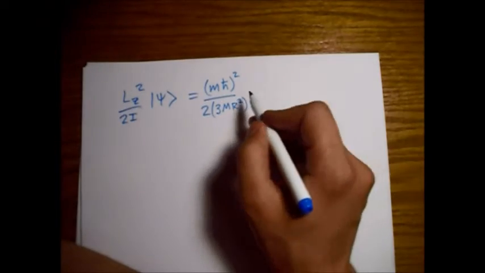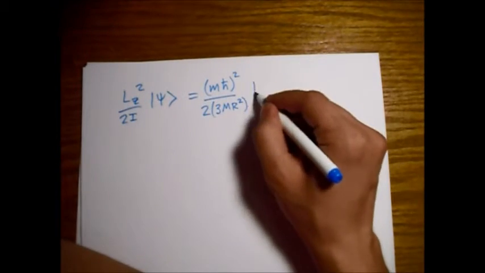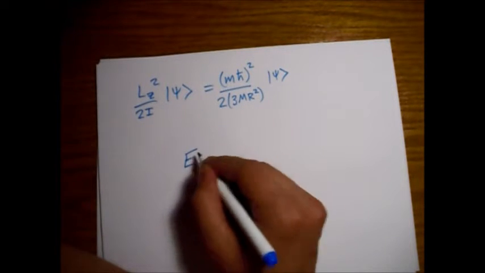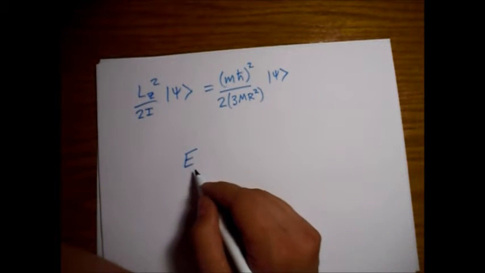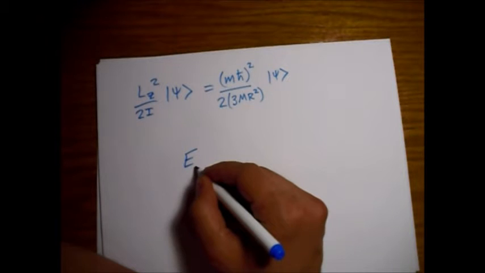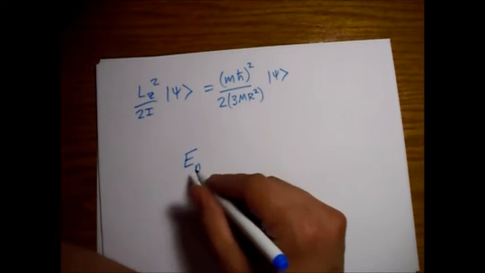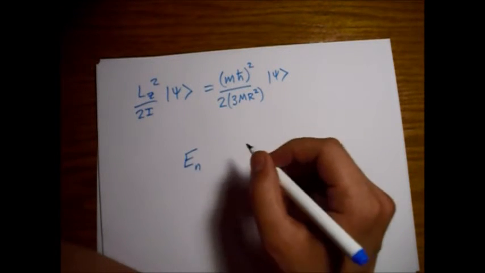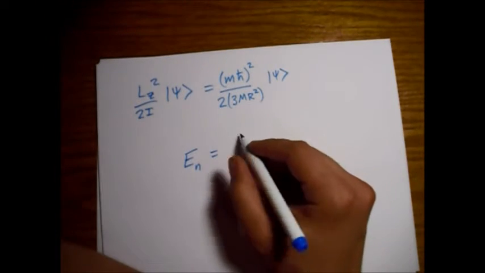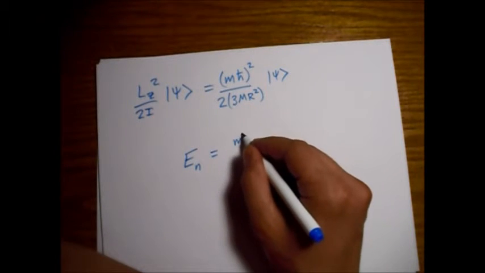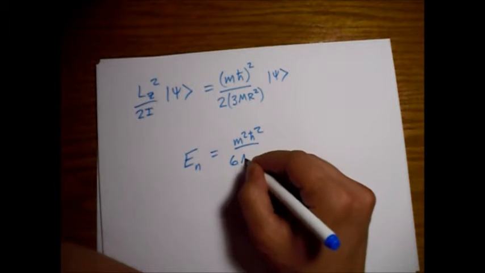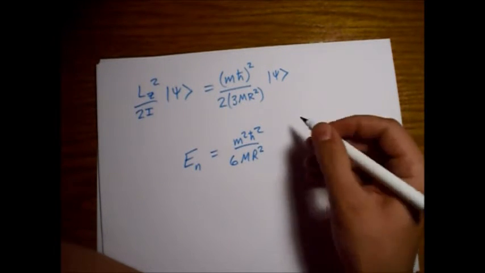So this is just the eigenvalue. We still have our ket right here. This tells us that E n, for the nth eigenvalue or level, we get m squared h bar squared over 6 big M R squared.